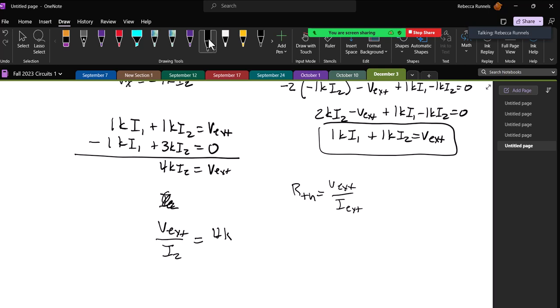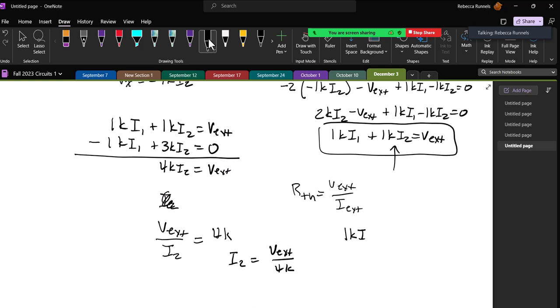I think, what did I do there? Oh no, okay, so I solved for I2. So I2 equals V external over 4k, and then I will plug that into this one.